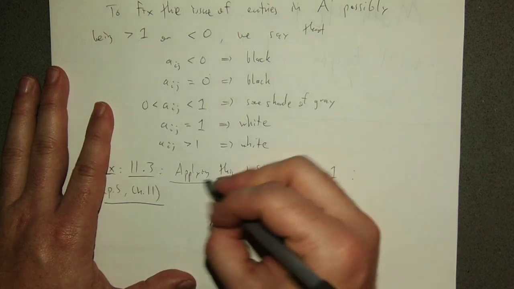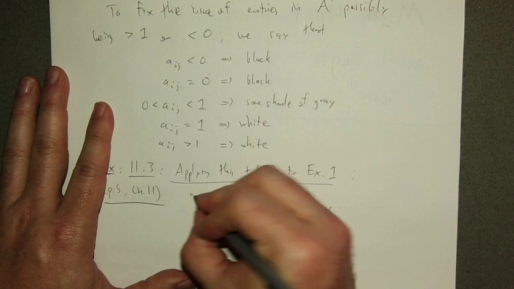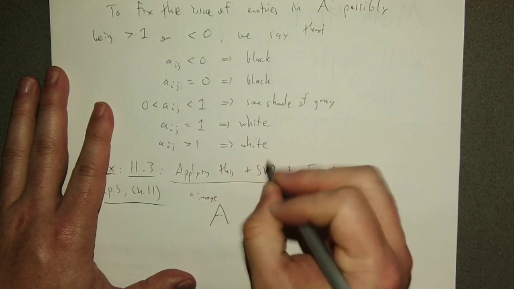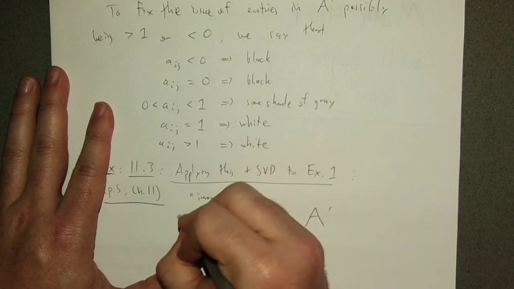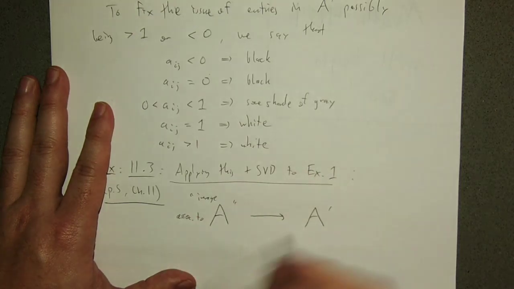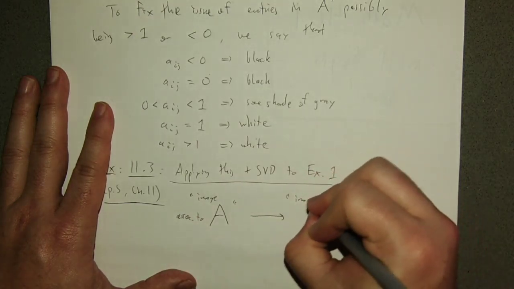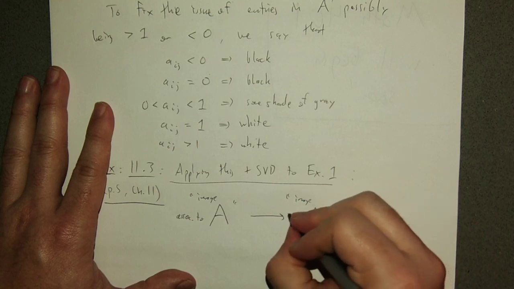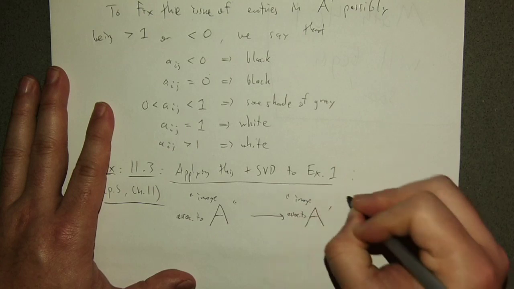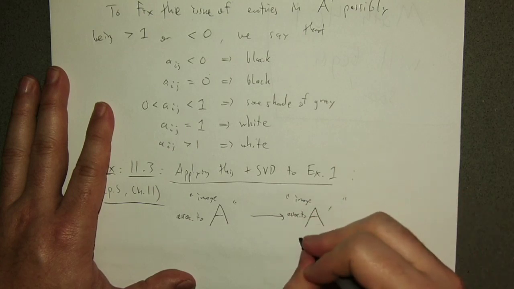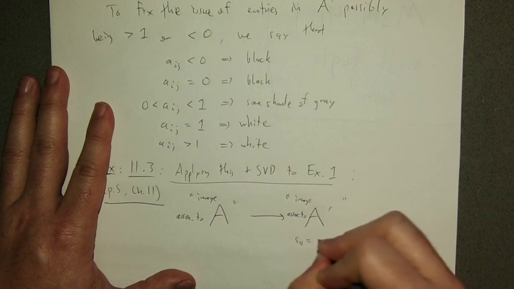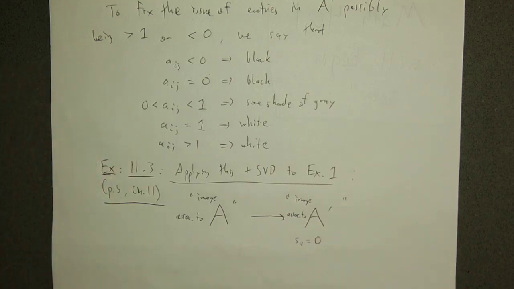So here, this is, I should say, image associated to A, and image associated to A prime. And this A prime was setting S sub 4 equal to 0. Okay.